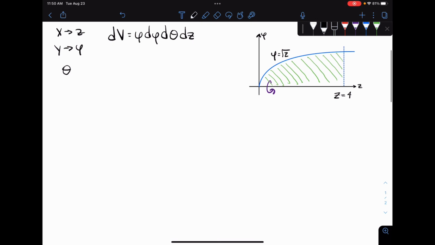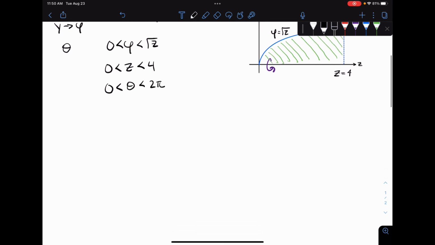We have to find our limits, which for our rho axis is going to be 0 to root 7, which is our boundary equation of this curve. Our z coordinate is going to be 0 to 4, which was given to us. And then again, we're going all the way around, so theta is simply going to be 0 to 2 pi.